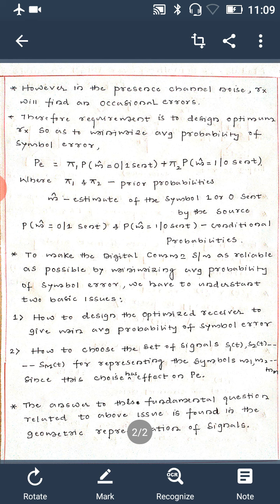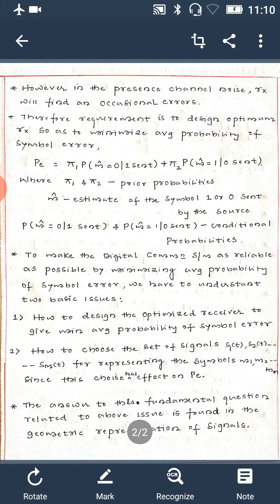Similarly, when you send 1 the received symbol may be 0, or vice versa, where pi 1 and pi 2 are the prior probabilities, and m cap is nothing but the estimate of the transmitted symbol, 1 or 0, emitted by the source.